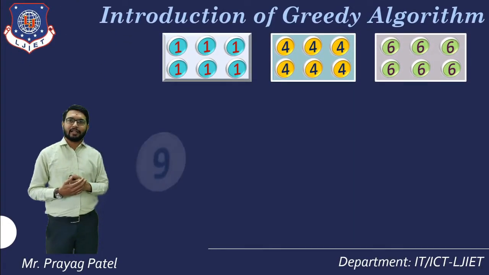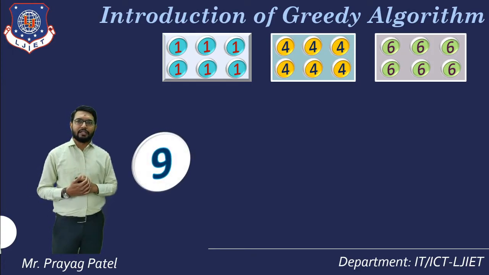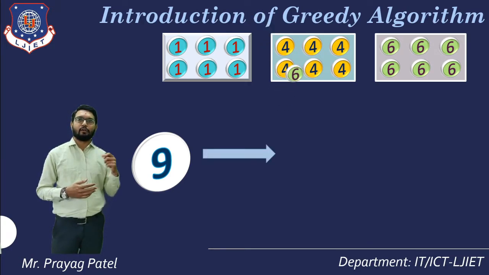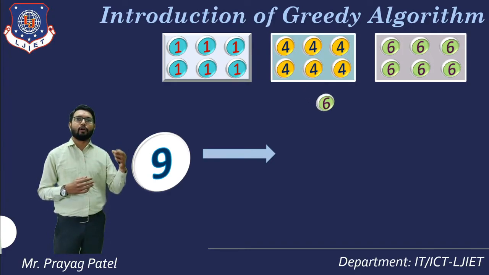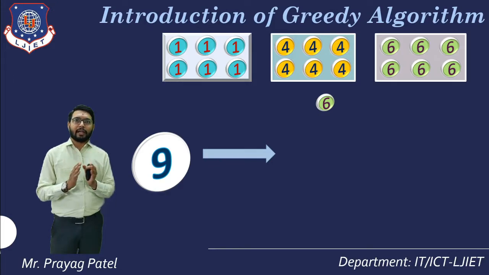Now consider these three types of coins. You want to find the change for 9. Then what are the possibilities? You can select any one coin of 6, or any one coin of 4, or any one coin of 1s. But according to the greedy technique, you find the solution greedily.